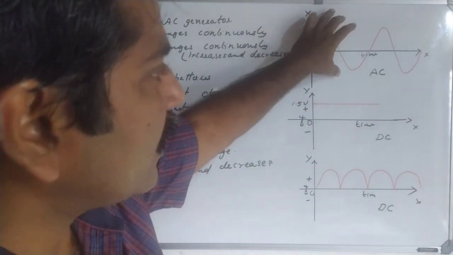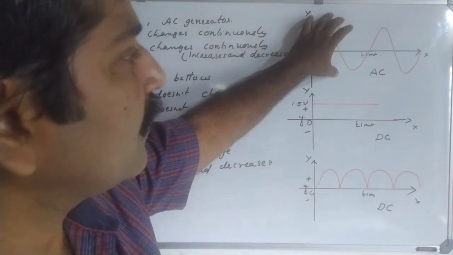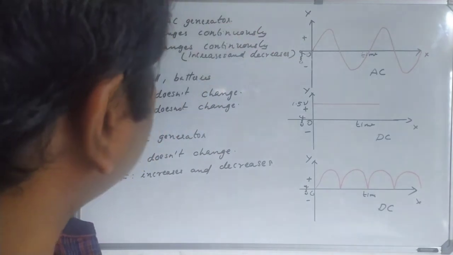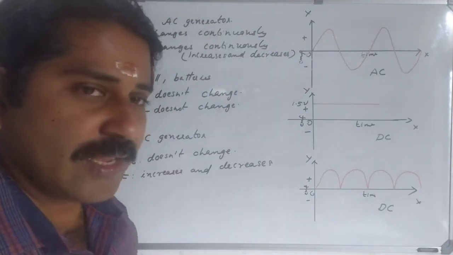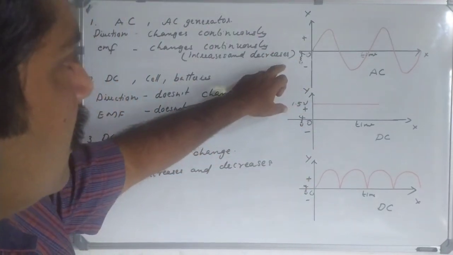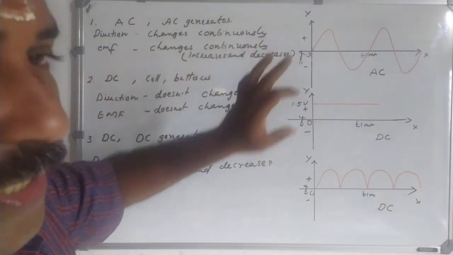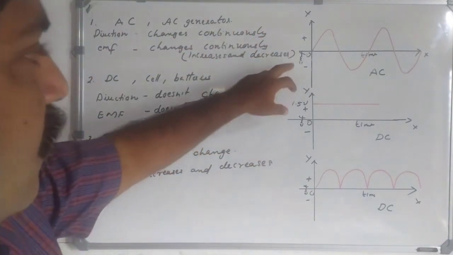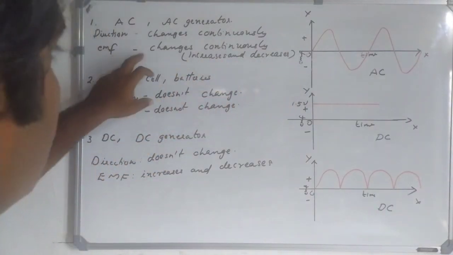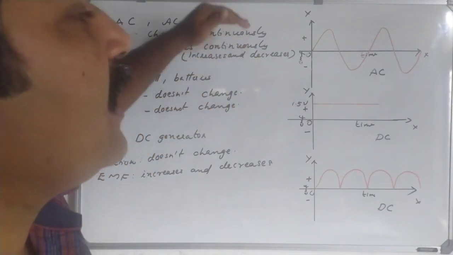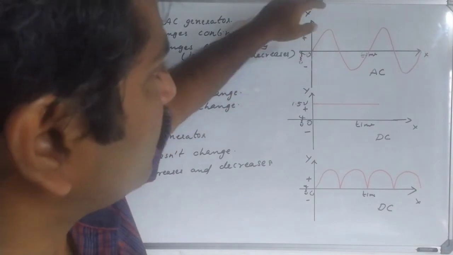The first one is AC, and the source of AC is the AC generator. When you consider the direction of AC, its direction changes continuously. When you go to the EMF of AC, it is continuously increasing and decreasing.